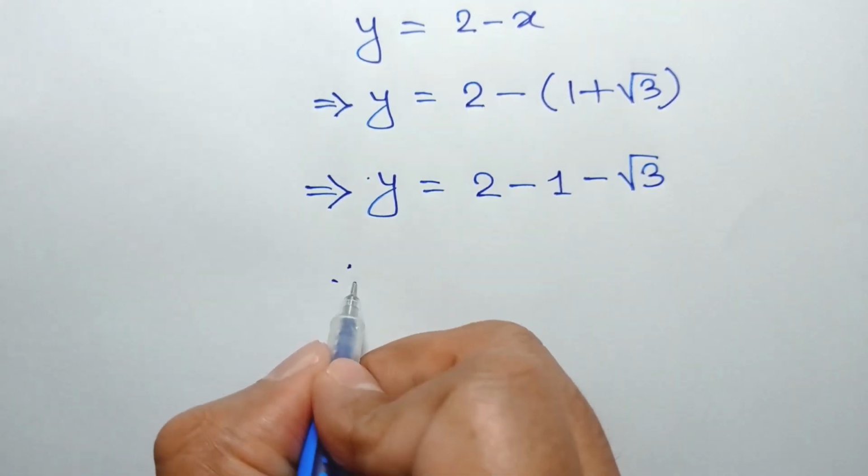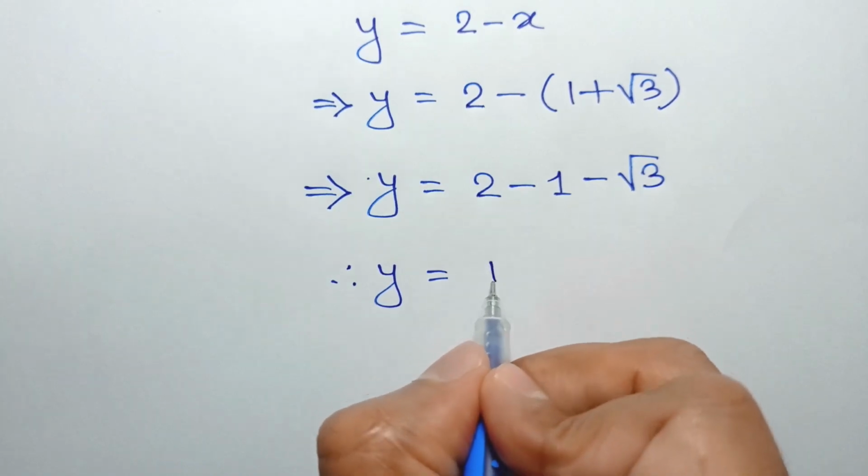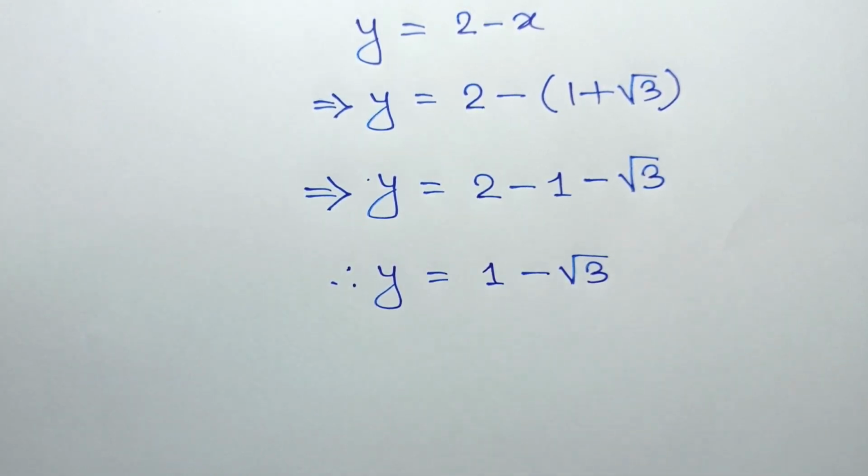So the value of y is equal to 2 minus 1 is 1 minus square root of 3.